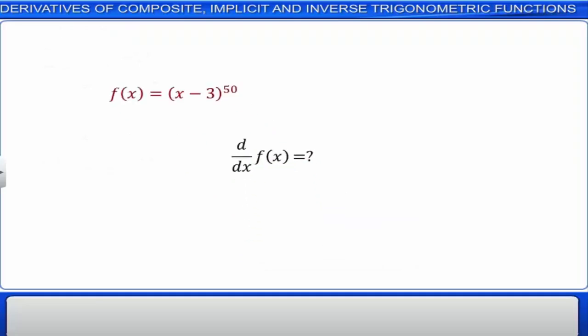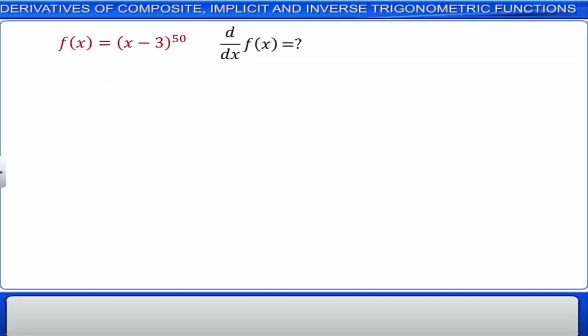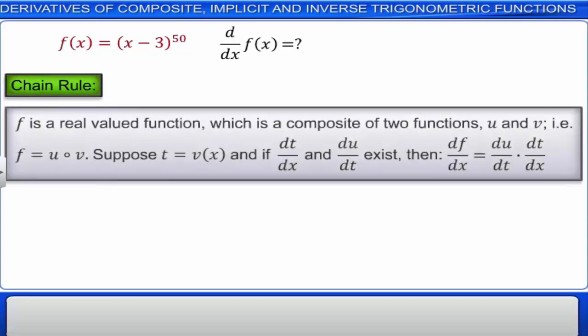Such functions can be differentiated by using the chain rule. f is a real-valued function, which is a composite of two functions, u and v. Suppose t = v(x), and if both dt/dx and du/dt exist, then df/dx = du/dt * dt/dx.